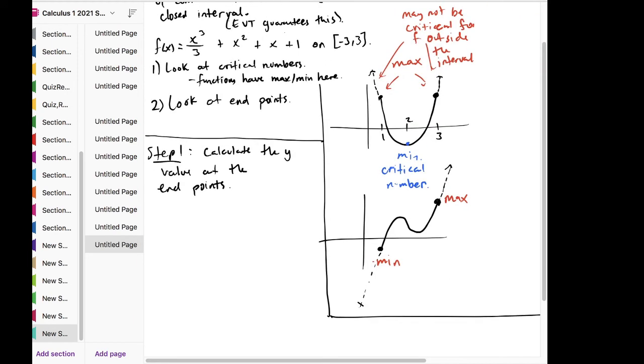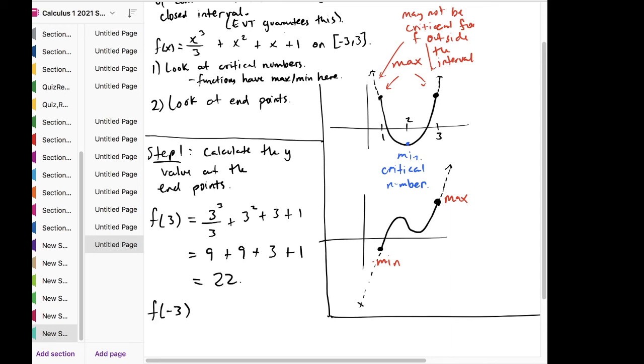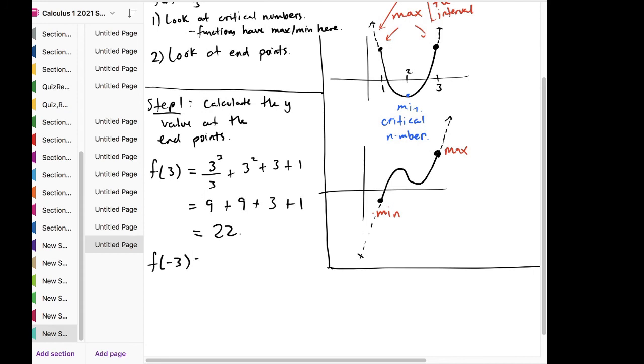Okay, so let's do f of 3. So f of 3 is 3 cubed over 3 plus 3 squared plus 3 plus 1. So it's 27 over 3, which is 9, plus 9 plus 3 plus 1. So it's 22. And let's do f of negative 3. What's negative 3 cubed?